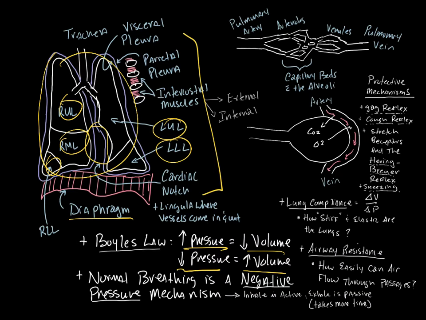And then when we exhale, the diaphragm and the accessory muscles relax, the pressure increases, which causes the volume to decrease, and that relationship is codified in what's known as Boyle's law. You guys good with that? We know that normal breathing is a negative pressure mechanism. When I inhale, I generally have negative pressure in my thoracic cavity. And when I provide positive pressure ventilation, I turn that thing upside down, don't I?